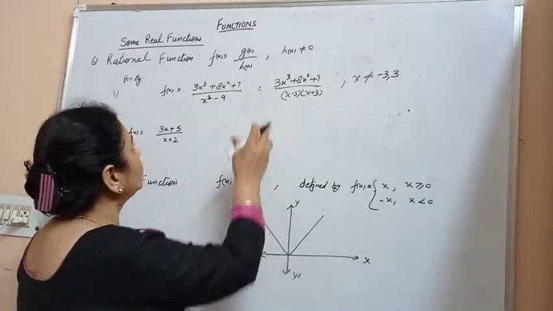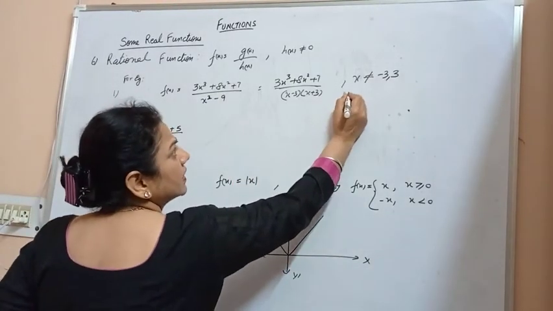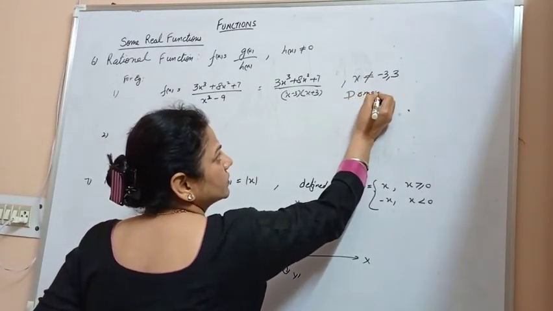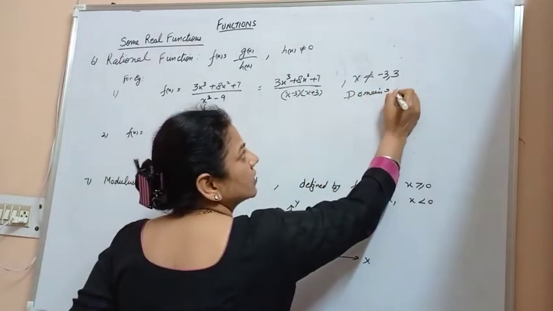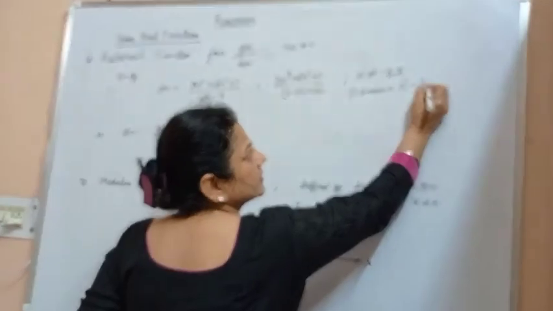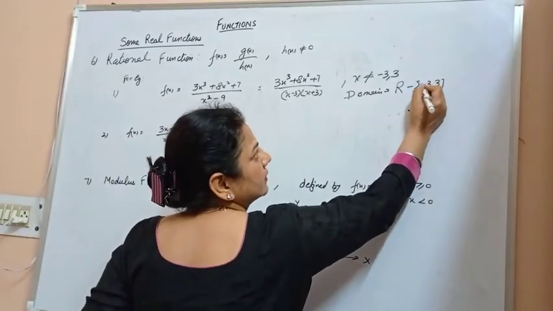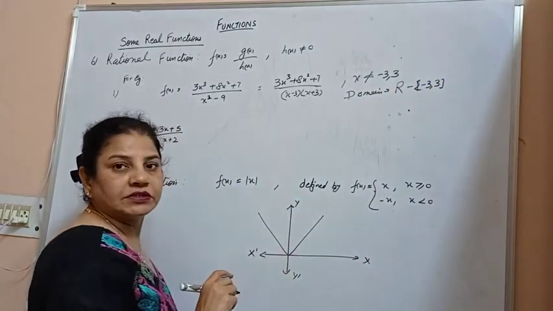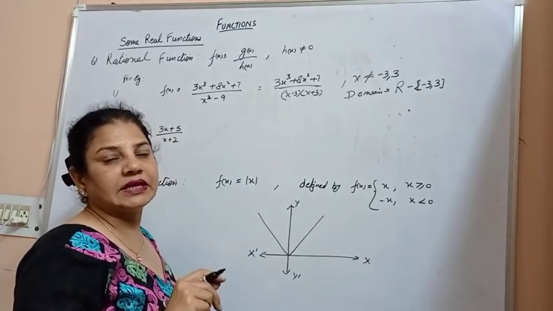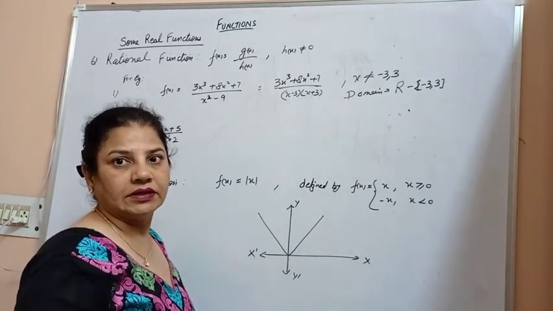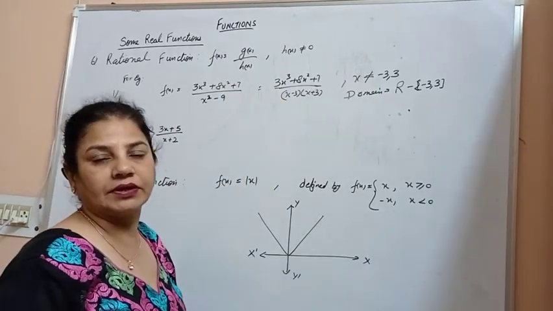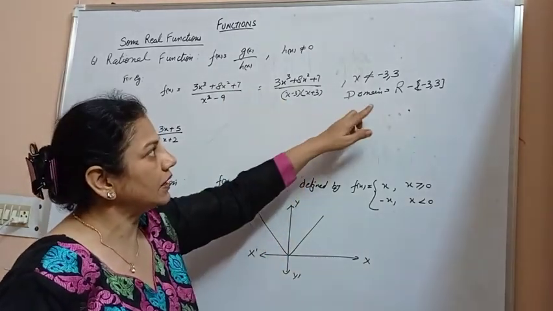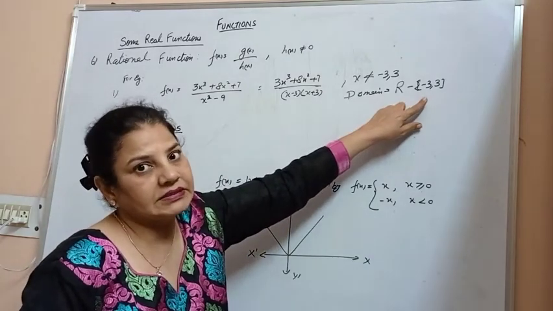So the domain of this function is all real numbers except minus 3 and 3. And the range will be the real numbers, because you give a value to x and correspondingly you get a real number, again except minus 3 and 3.